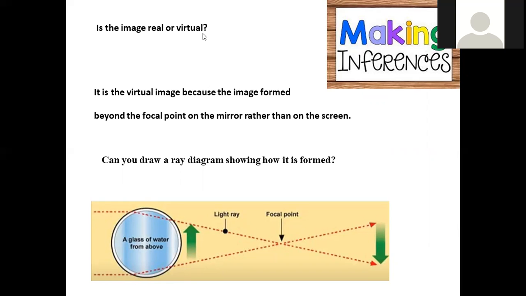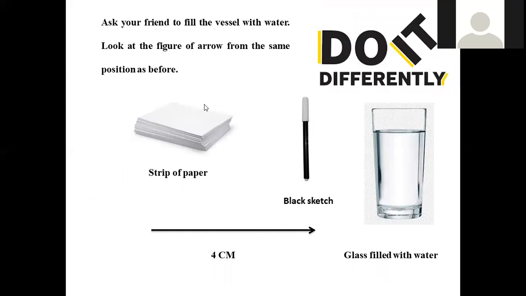In this direction only, if you are getting the image, it will be real. If the image is formed beyond the mirror, away from the focal point, then it appears to be a virtual one. So in this case, the image formed will be the virtual image. That is not the real image, because the image will always be formed beyond the focal point. Hence, a virtual image will be generated, right?